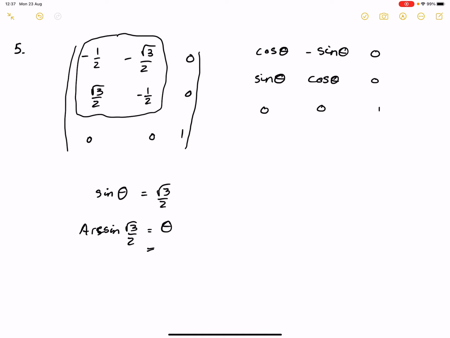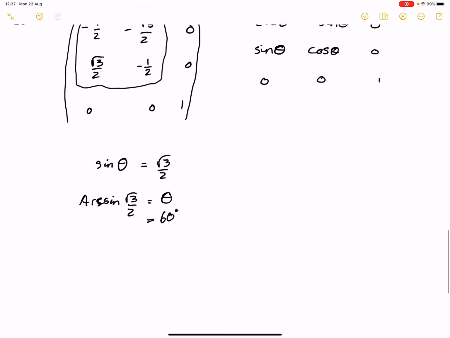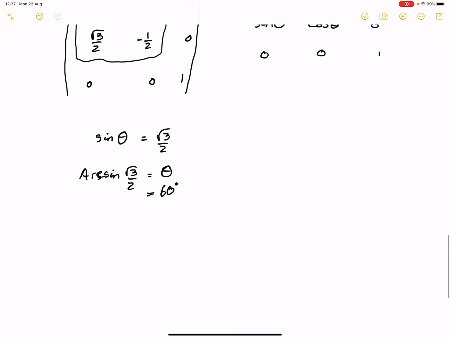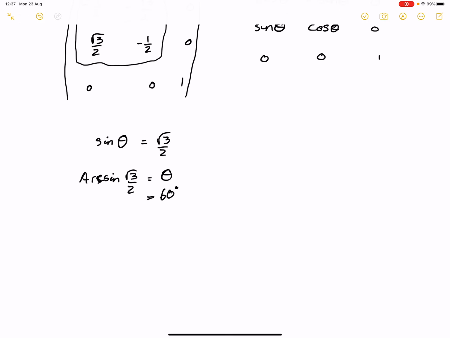So 60 degrees. So what this represents is an anti-clockwise rotation of 60 degrees about the z-axis. It's always an anti-clockwise rotation when talking in matrices. The positive direction is anti-clockwise.